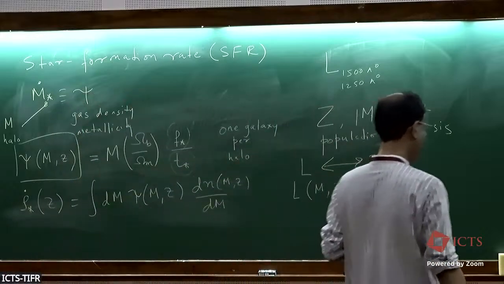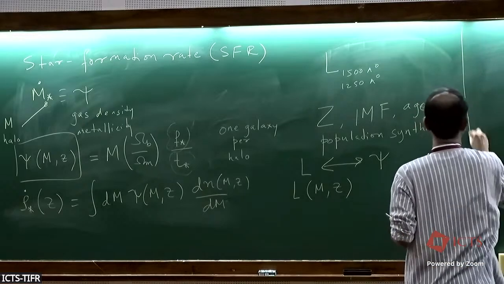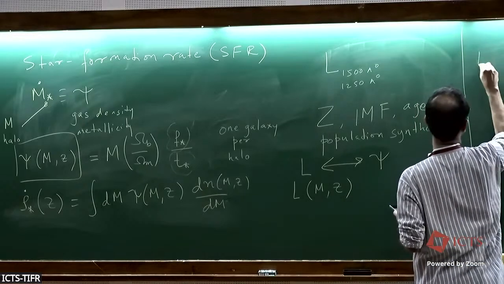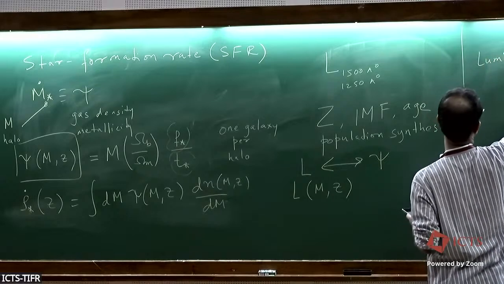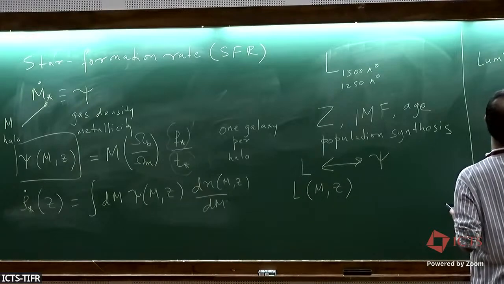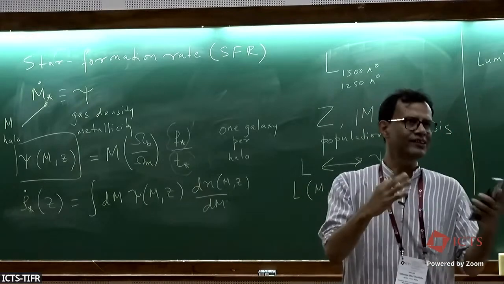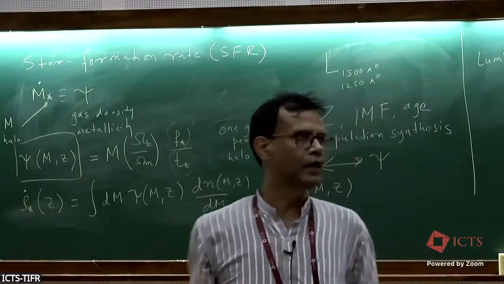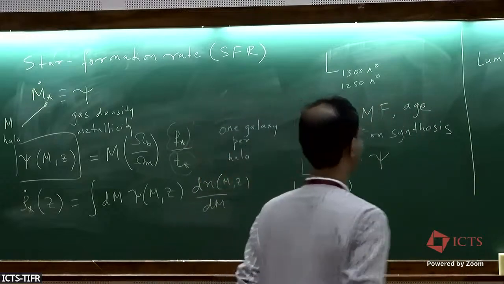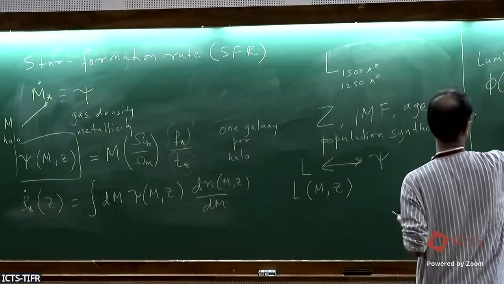Then you can try to compute the observable, which is the luminosity function. Just like we did the mass function, you can do the luminosity function. It is basically the number of galaxies per luminosity range, within some L and L plus dL, usually written as phi(L).